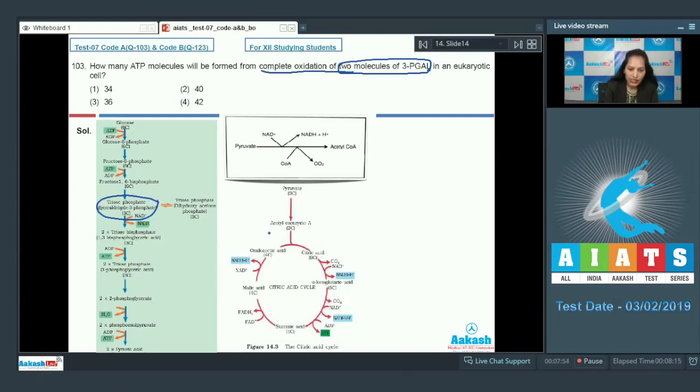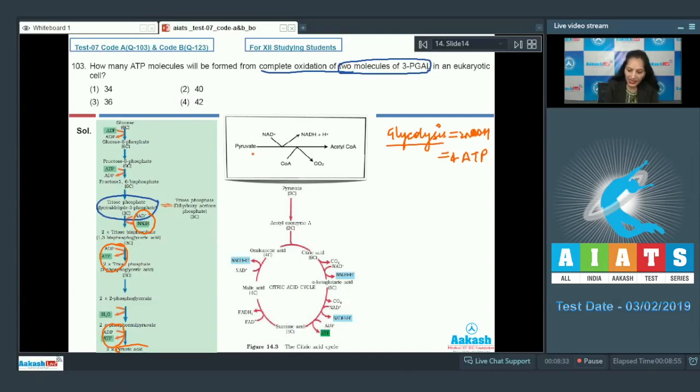After the formation of this, you have to count the number of ATP molecules. After 3-PGAL, there is a formation of 2 NADH. So in glycolysis, NADH and then 2 ATP, again 2 ATP. So this is 4 ATP. The next step is, now there is a formation of pyruvic acid at the end of glycolysis.